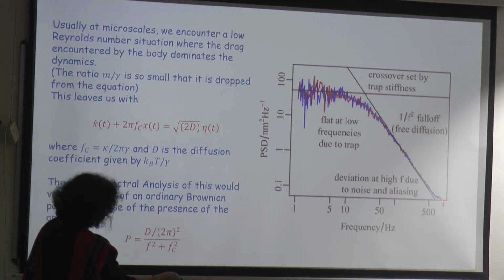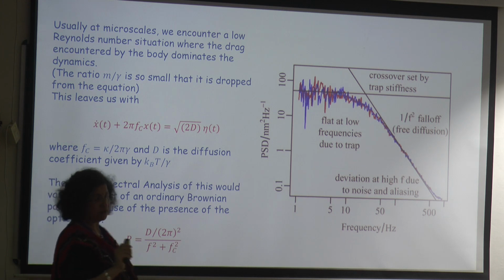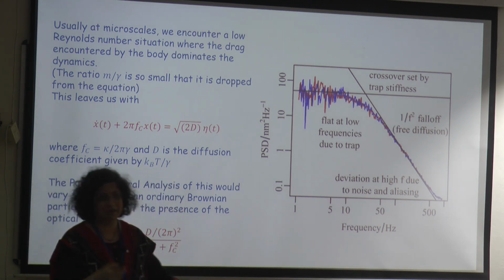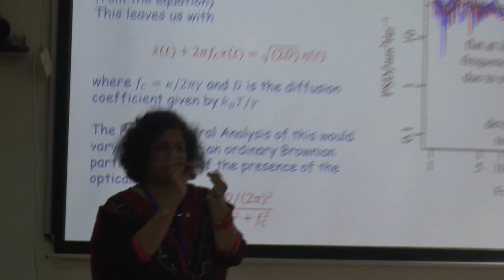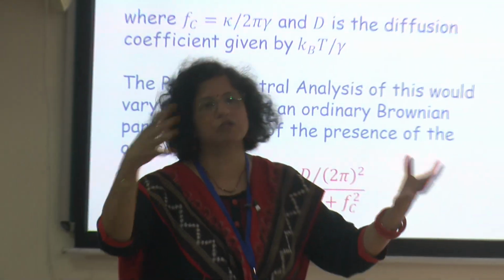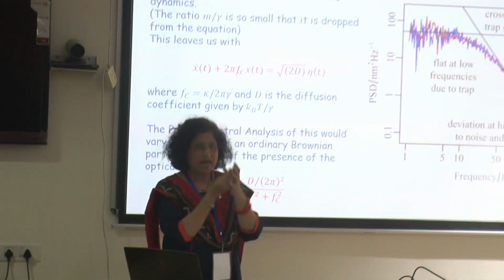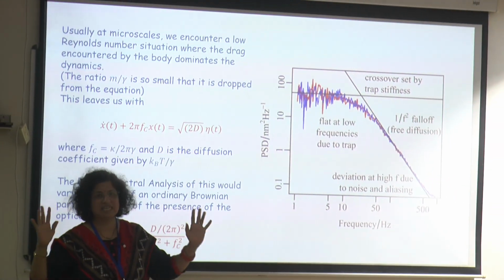So what you are noticing is that the behavior is essentially modified below a certain frequency. The way I have explained it is that the Brownian motion will have small fluctuations and also large fluctuations. When the particle is doing a small fluctuation, it basically doesn't even sense the trap.